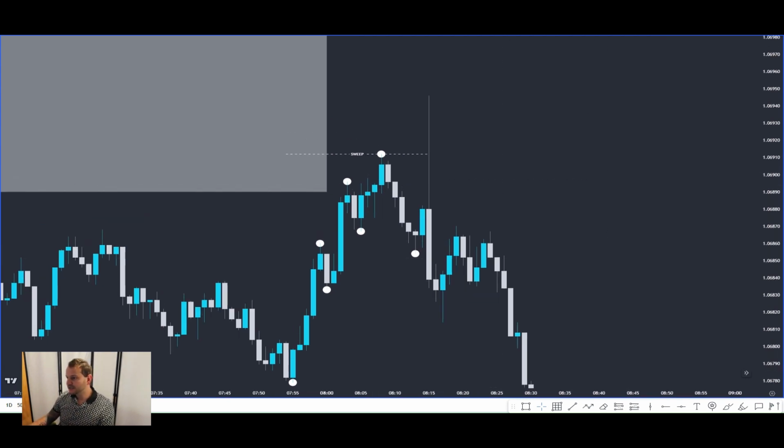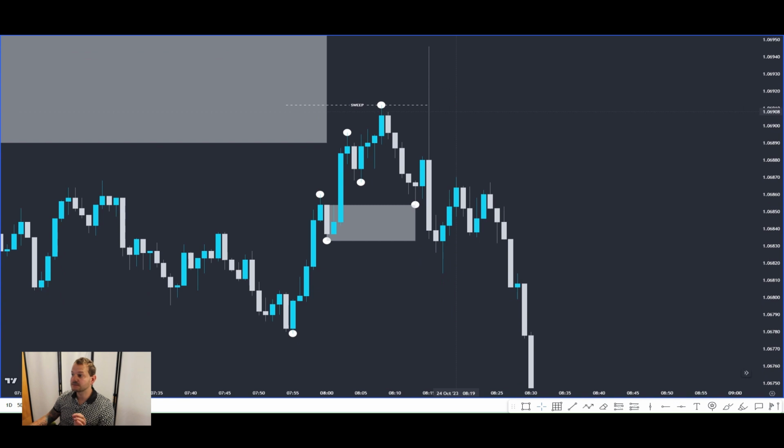So we've broke this, but then we actually tapped in to this zone here. We tapped into that area, and then it shot up, it wicked it, which looks like a definite liquidity sweep to me. Then we broke the low. Then we broke this low now here.